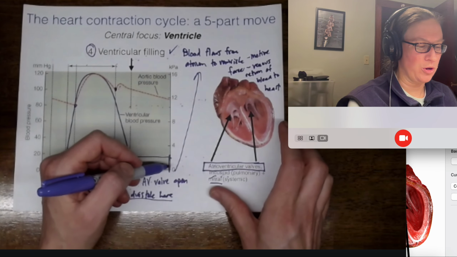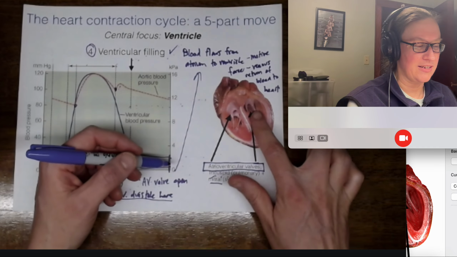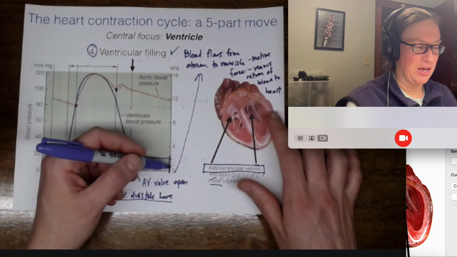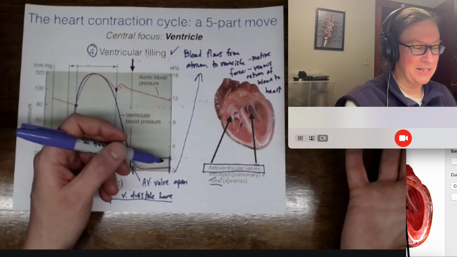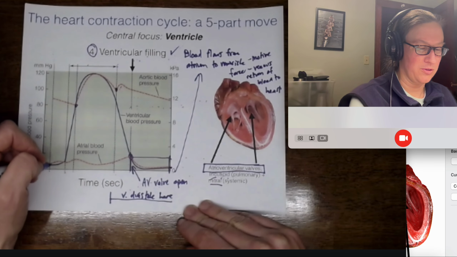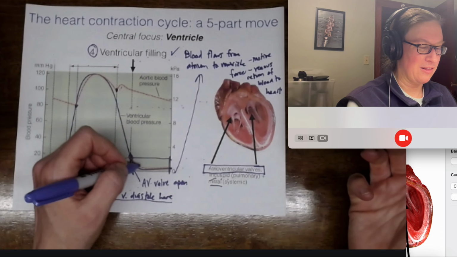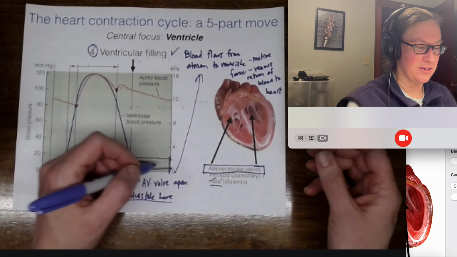So this works up to a point, but at some point, the blood that has already entered into the ventricle, it's not completely inert, it has pressure. So at this stage, you might notice we're getting very close in pressure forces between the atrium and the ventricle. So the flow of blood is going to slow.